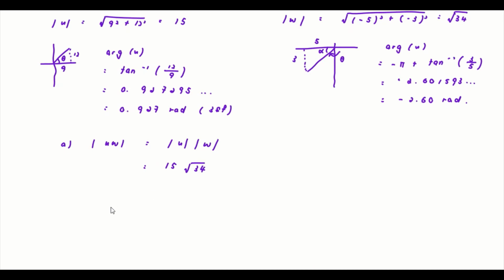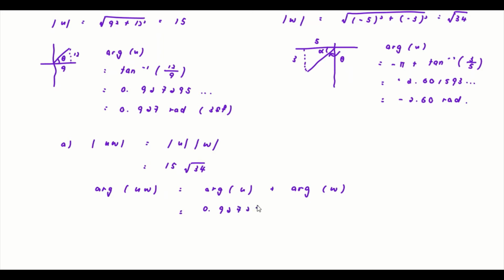Okay, then I want to find the argument of uw. Remember, for multiplication, we need to add the arguments. So it's the argument of u plus the argument of w. This is the case where I mentioned we might need to write more decimal places, to make sure our answer is accurate enough.